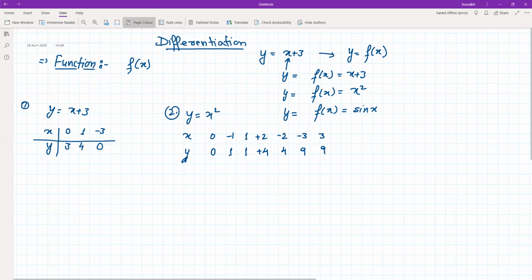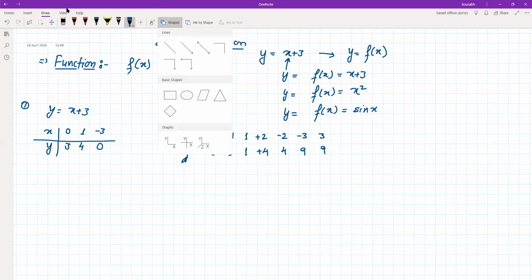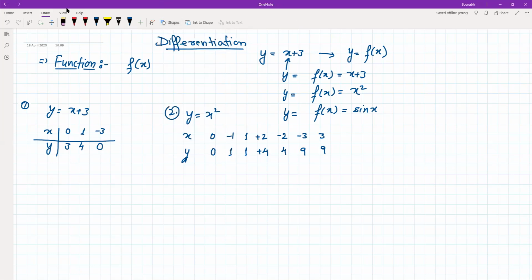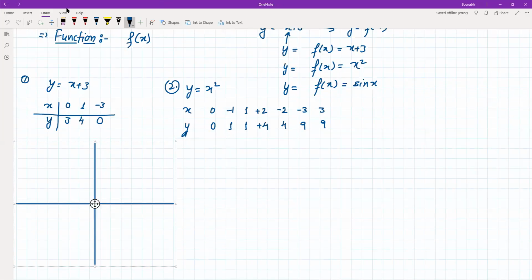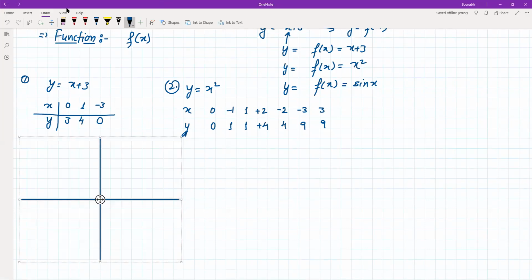And we can also represent this function on a graph. And the first part you must have already done earlier, that is representing a function like this.